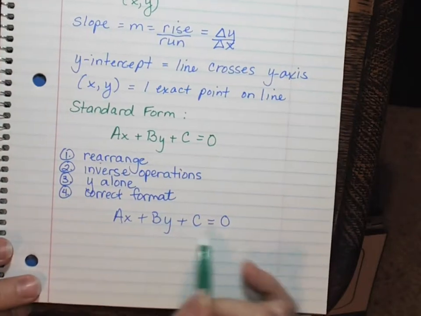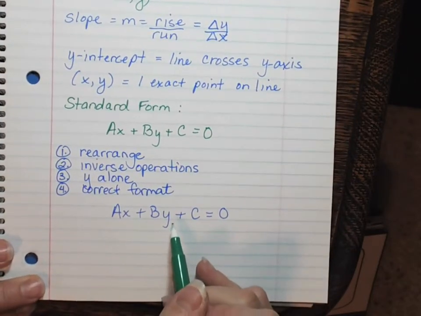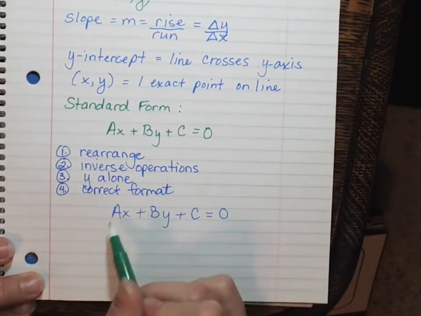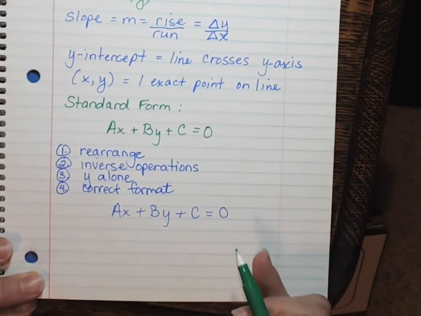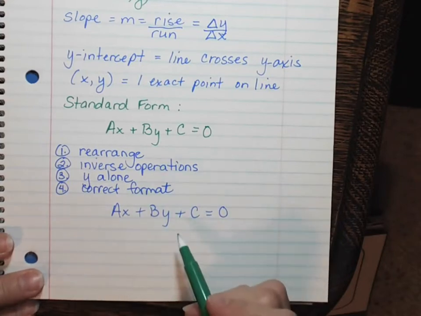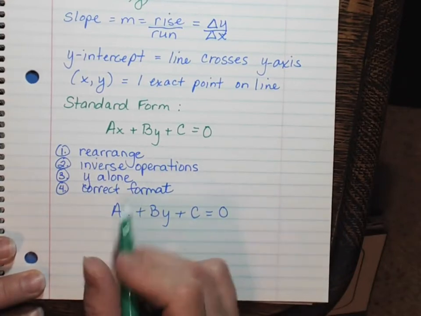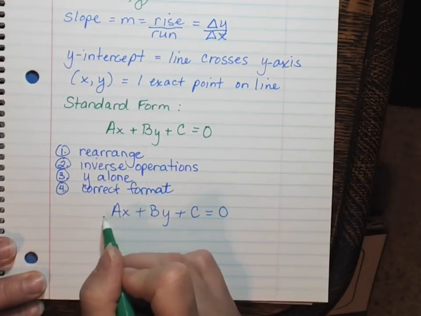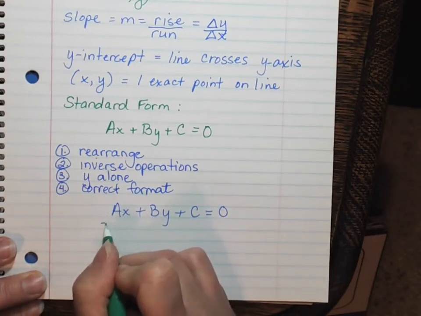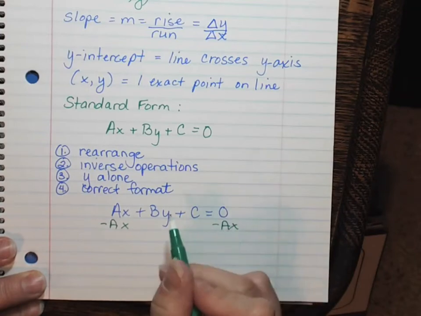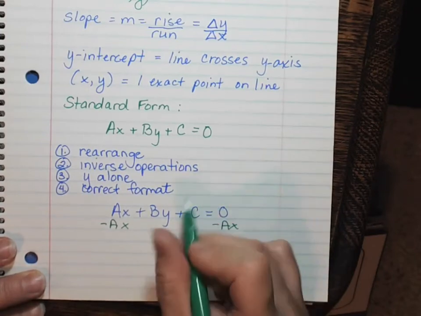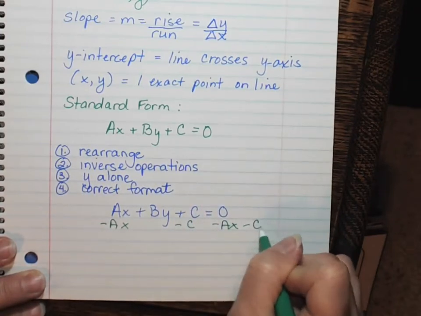Okay, it's already on the left of the equal sign, so for now I can just leave it there. I want to move the ax and the c to the other side. Okay, so to rearrange it, I'm going to have to do the opposite of what's already being done. Okay, this is a positive ax, so I'm going to subtract ax from both sides. I also want to move the c, so I'm going to subtract the c.